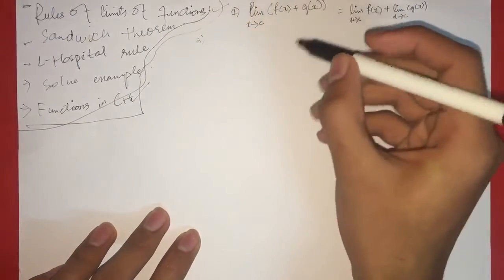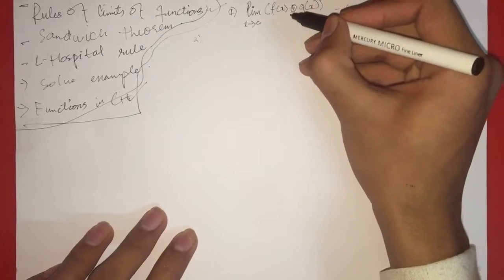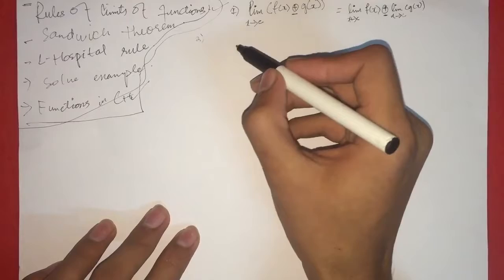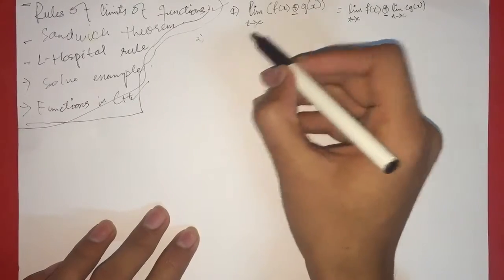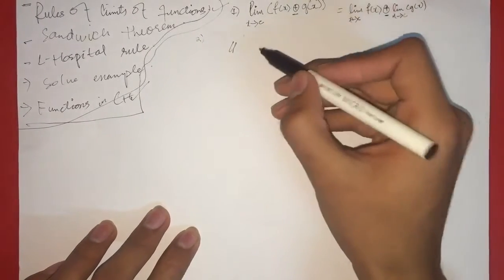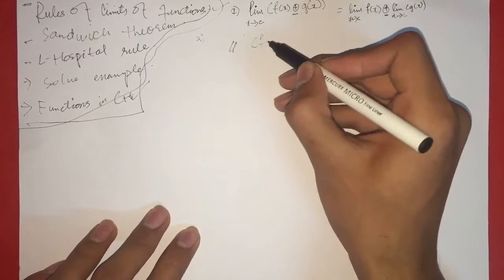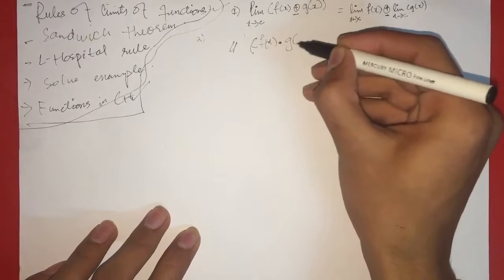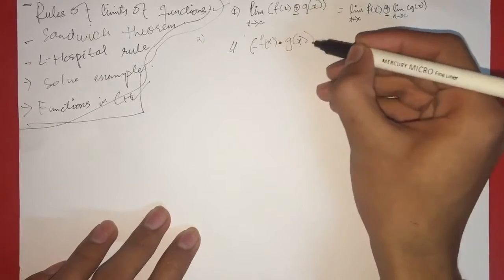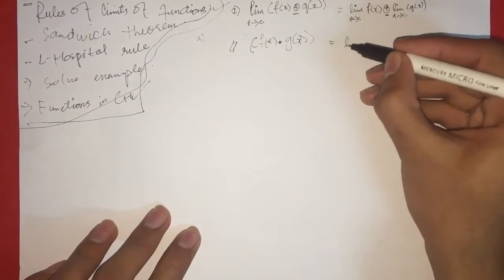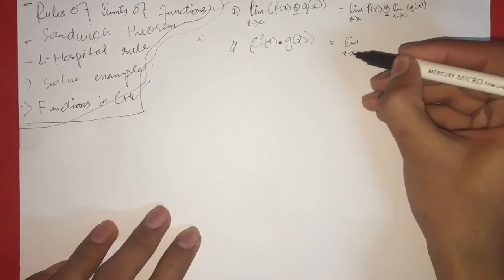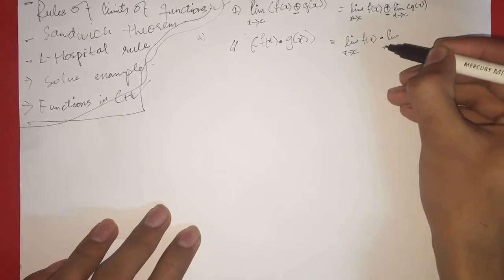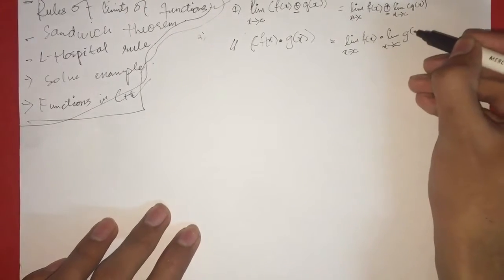Secondly, we have the subtraction rule, where you just change the sign. It's going to be the same. Third, we have the multiplication rule. For f of x times g of x, where they are both multiplying, we have the limit as x approaches c of f of x times the limit as x approaches c of g of x.